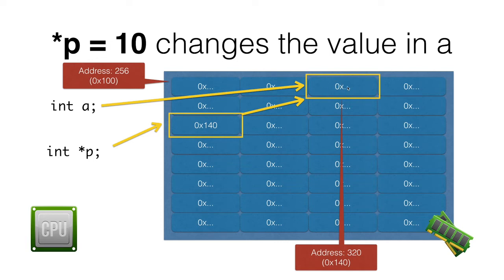So we would be storing 10 inside here. This line of code would change the value of variable a, even though it doesn't mention a in the code there. That's because the variable p points to the same location in memory where a is located.